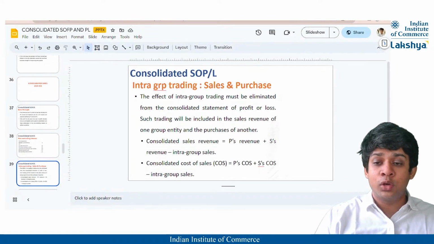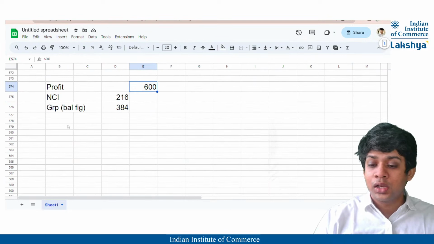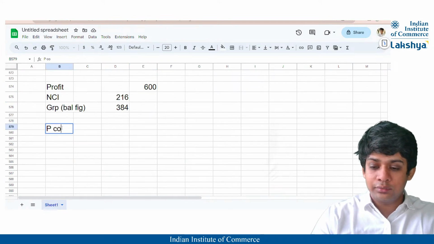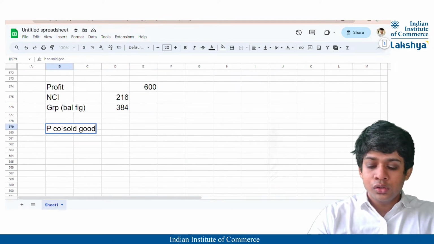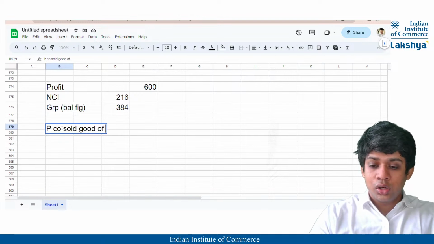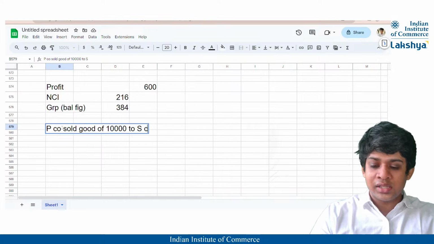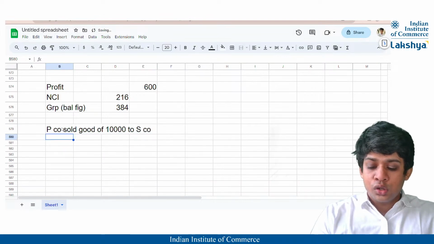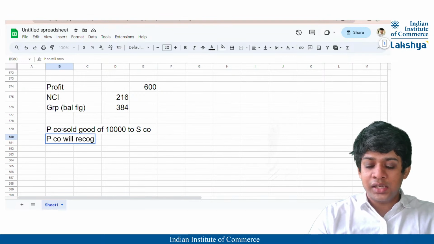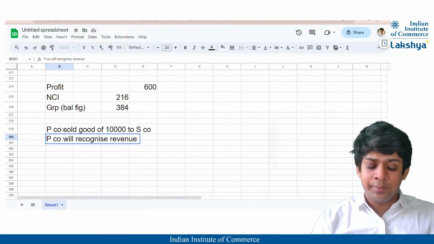Now I'll just explain what they're trying to mention here. Say that P company sold goods of 10,000 to S company. So P company will recognize revenue on selling these goods, right?